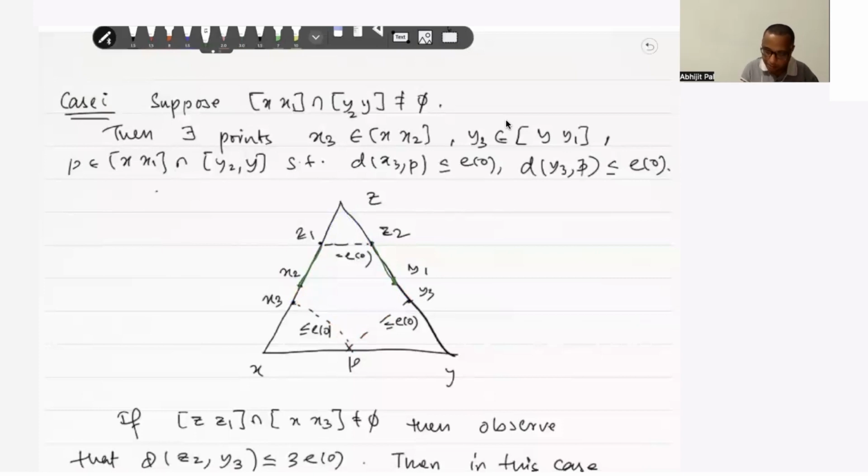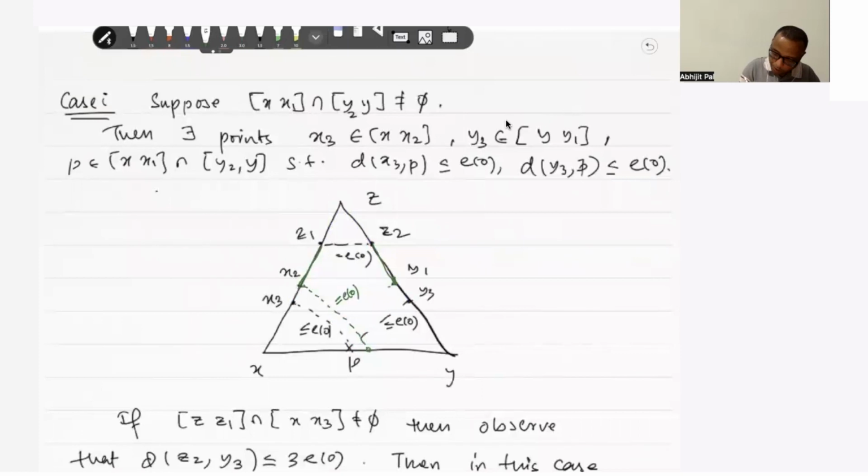From this, it follows that this triangle will be a slim triangle, and the bound depends on E naught. For this point X2, we already got a point here whose distance is exactly equal to E naught.